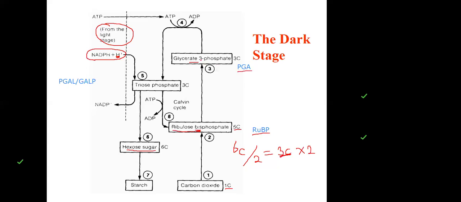And then this PGA or glycerate 3-phosphate is going to undergo 2 simultaneous reactions. It is going to have a phosphate coming from ATP, so there's a dephosphorylation of ATP, and then we are also going to have a dehydrogenation of reduced NADP.